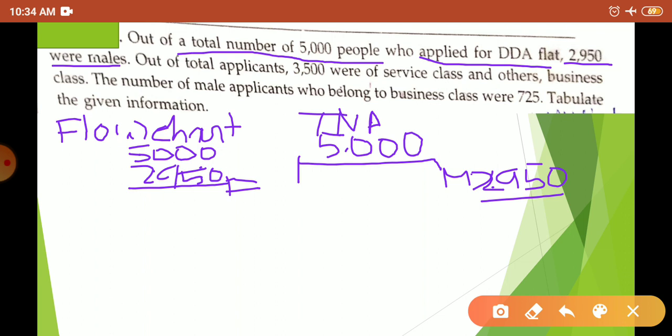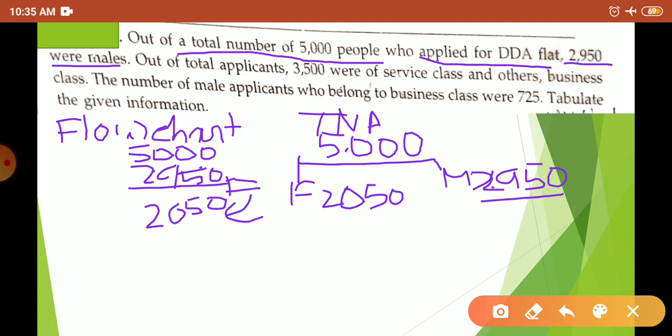So it will be 2,050, and this is the number of females.